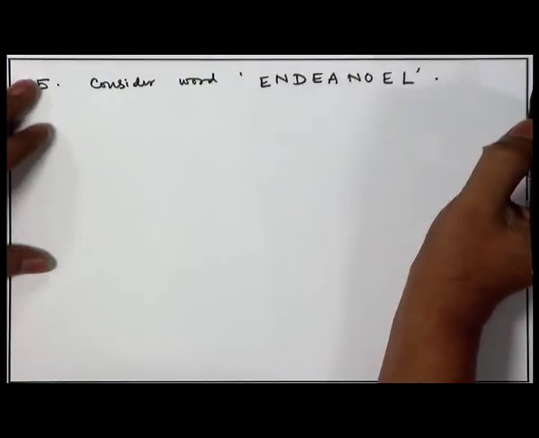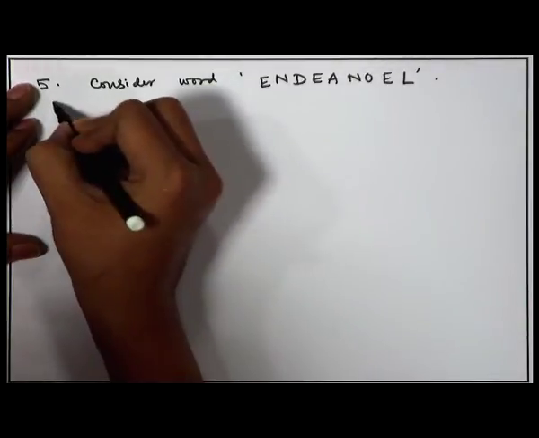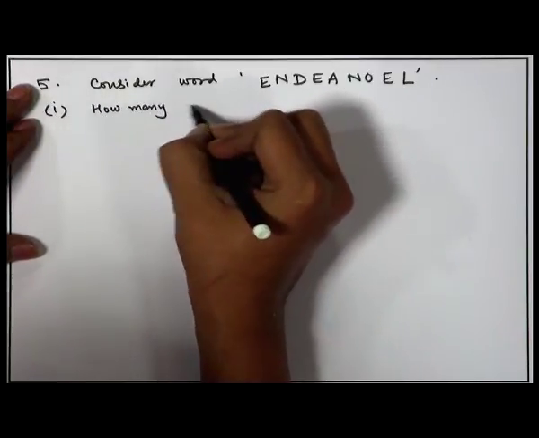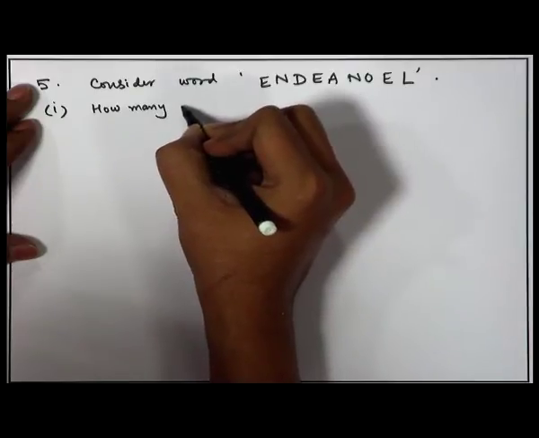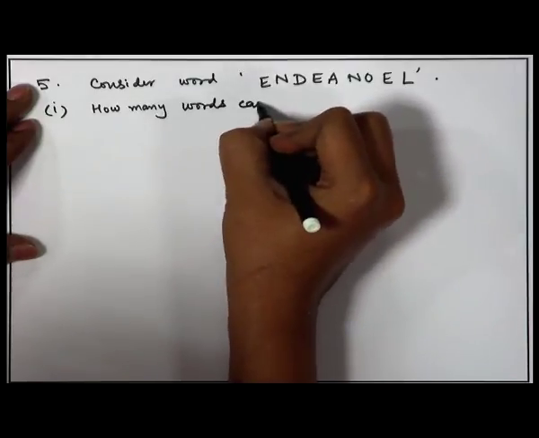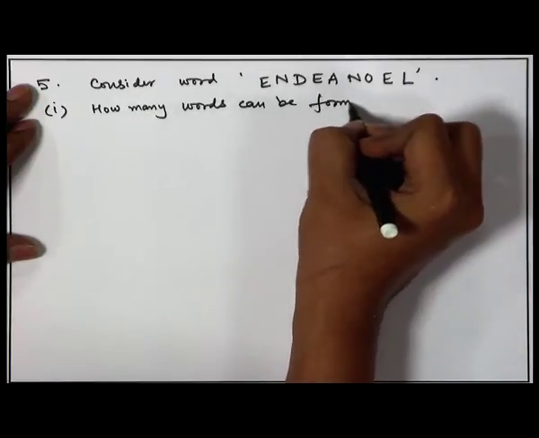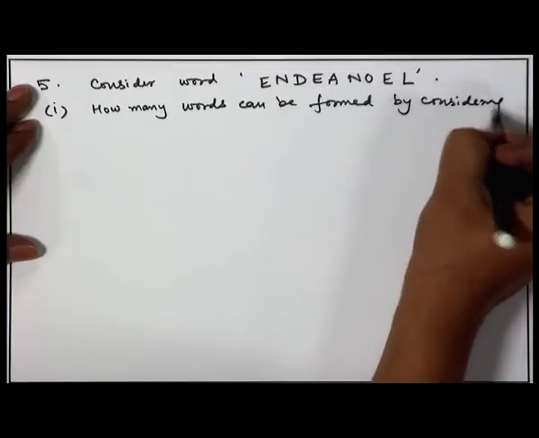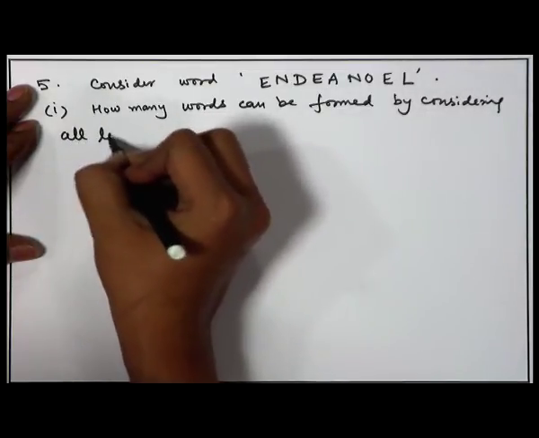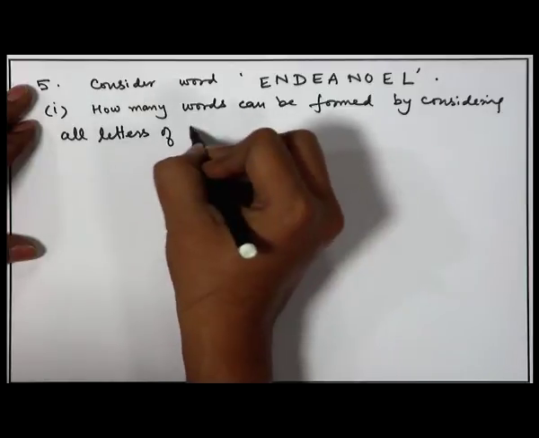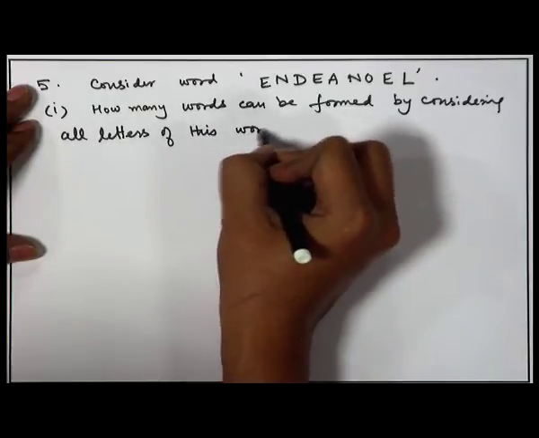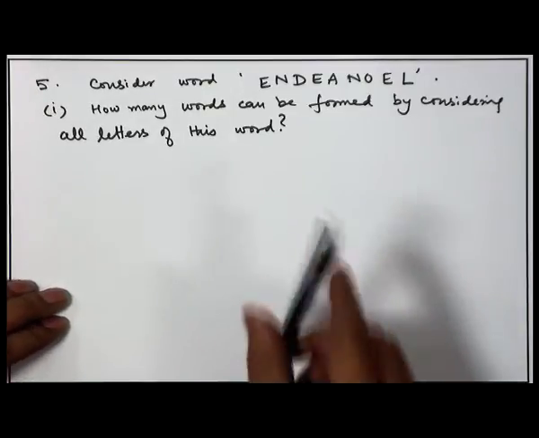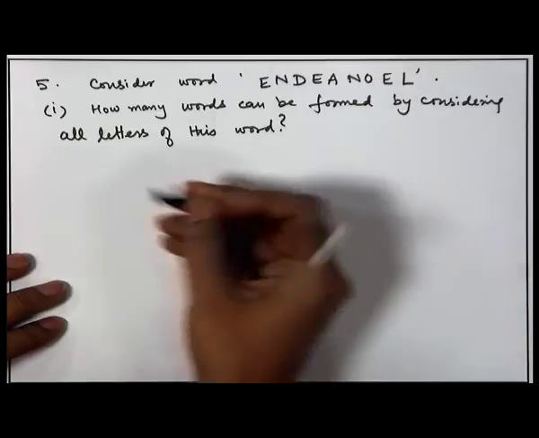So, firstly we ask how many words can be formed by considering all letters of this word. Total number of permutations here. So, here if you see the total number is 9.